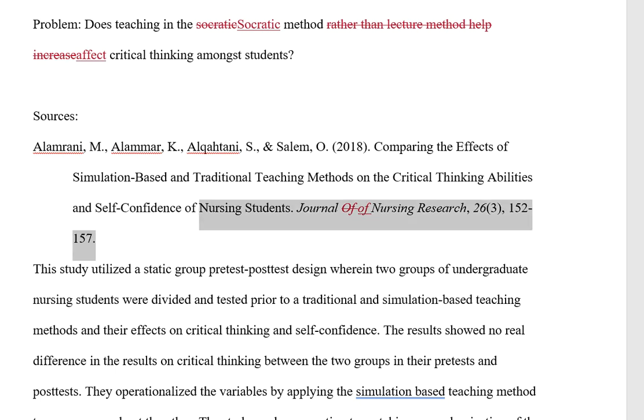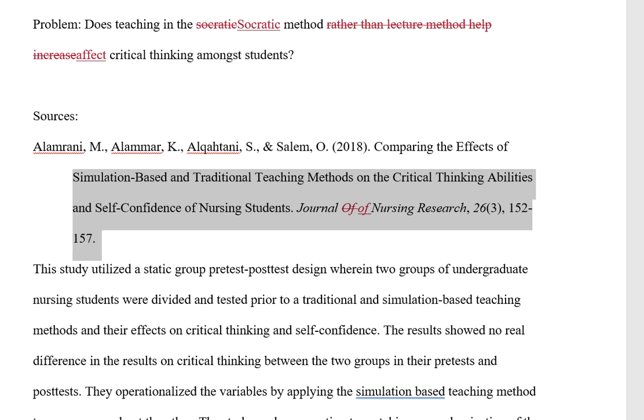One thing that's really important is that this student did not include "retrieved from" and then an address where this article might have been retrieved from in the reference. And many of you did include that. I wrote in the notes that whereas I appreciate being able to have easy access to where you retrieved it from, this article was originally published in print form, so it can be accessed in a number of different ways.